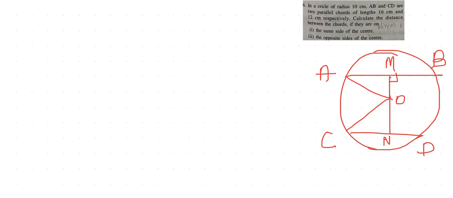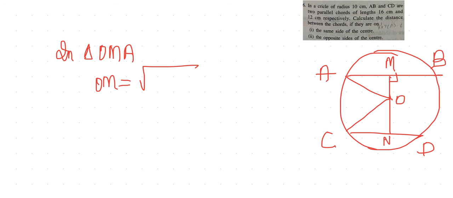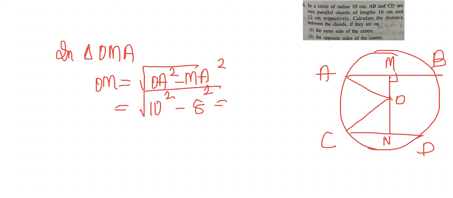So first, in triangle OMA, you will be calculating that OM will be equal to root over of OA square minus MA square. You have already written that OA has been given as 10, so this is 10 square minus MA square. You will be finding out that upon dropping the perpendicular, MA is equal to half of AB, so this is 8 square, and this will be equal to 6.